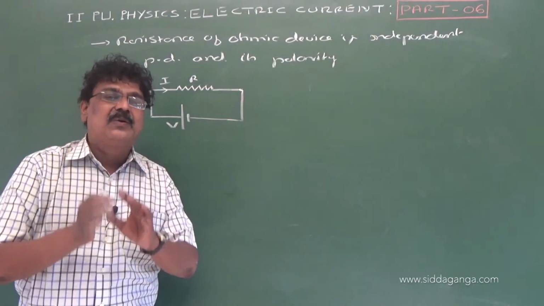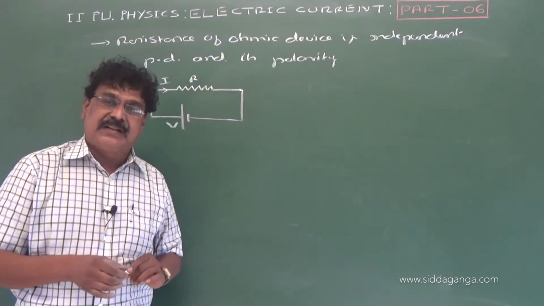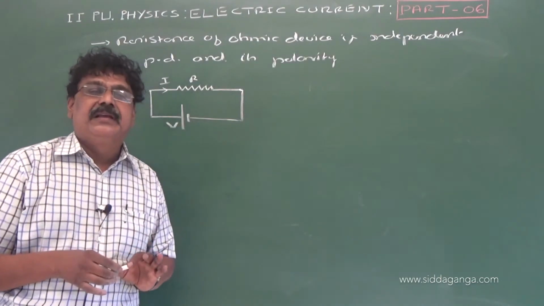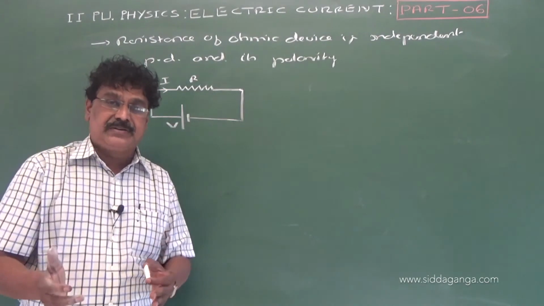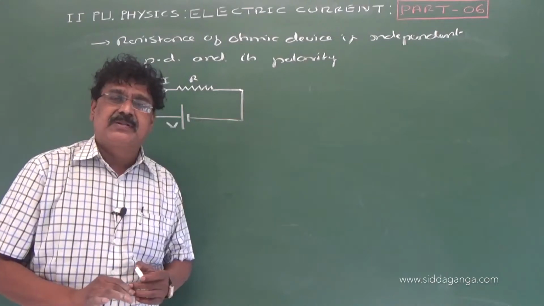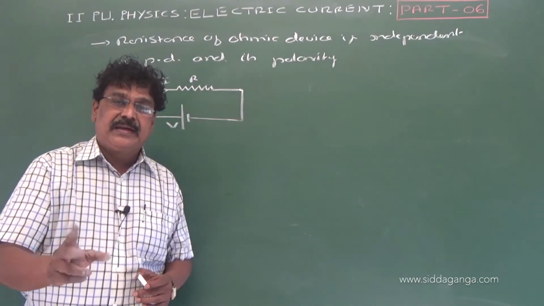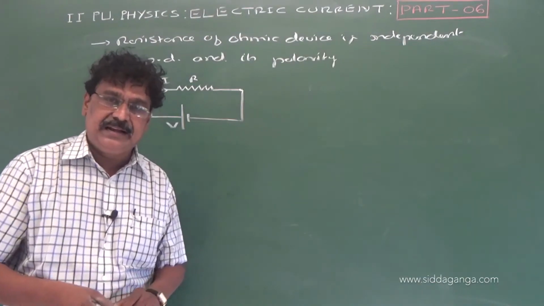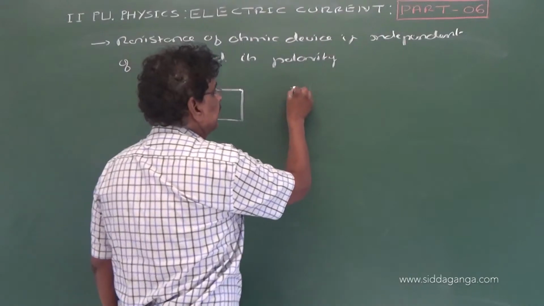Though R equal to V by I is a measurement of resistance, in fact this resistance is independent of potential difference and current, because resistance depends upon only 4 factors: length, area, nature of the material and temperature. So R remains the same.